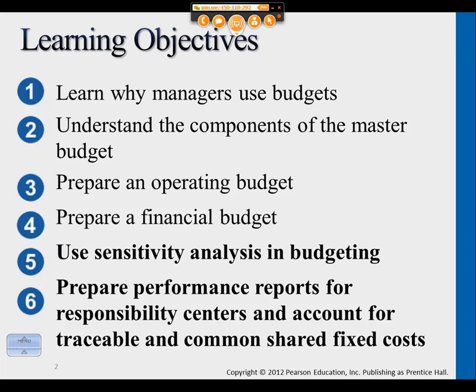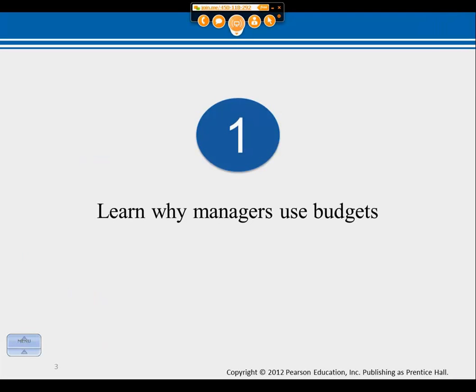So what are we learning today? Operating budget and financial budget, how we prepare those two, right? Then we'll see what sensitivity analysis and budgeting is and how we use it. Somewhat we've learned that before, right? And then the very last, we'll prepare performance reports for responsibility centers and account for traceable and common shared fixed costs.